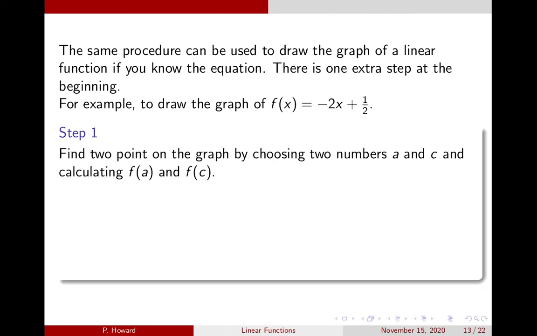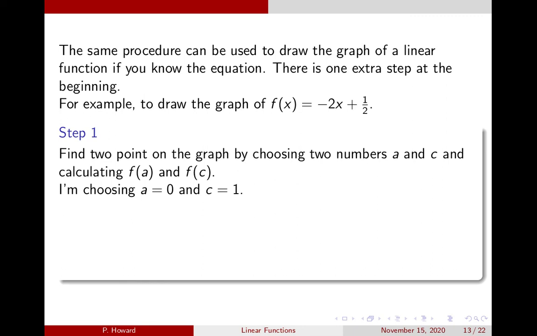Okay, so step 1, we're going to find 2 points on the graph by choosing 2 numbers, a and c, and calculating f of a and f of c. You can choose any 2 numbers you like for a and c.